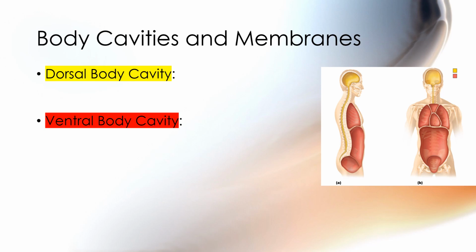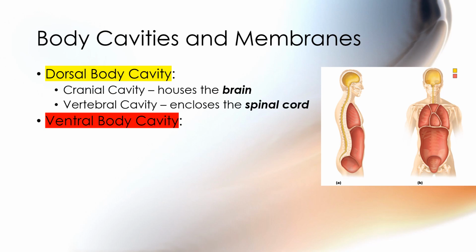So the dorsal body cavity, remember dorsal is the same as posterior. So it's going to be on that dorsal or posterior side of the body. And this is going to house our brain and spinal cord. So we have the cranial cavity housing the brain and the vertebral cavity housing the spinal cord. Okay, so this is depicted in yellow on our picture.